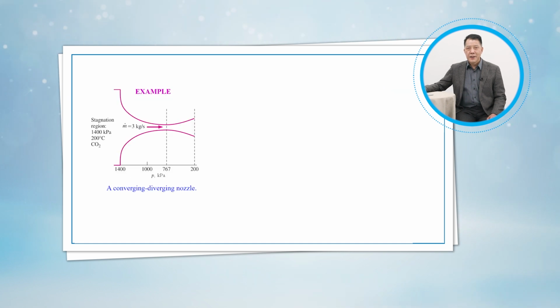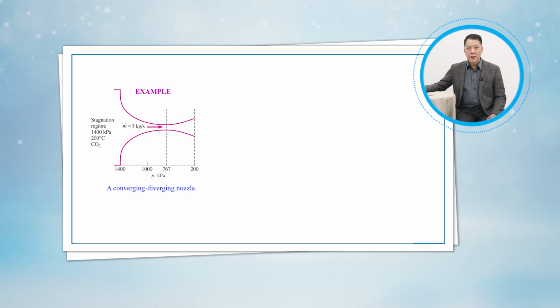Based on equation 913, which is an expression of the conservation of mass and energy principles, we must add a diverging section to a converging nozzle to accelerate a fluid to supersonic velocities. The result is a converging-diverging nozzle.